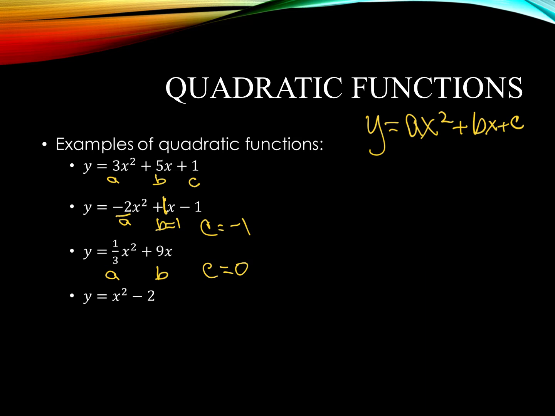And for the last part here, you can see that your a value is going to equal 1 because that's really 1x squared. You do not have a b value, or if you wanted to, you could say that b is equal to 0. And c here is going to be -2. But if you notice, all of these functions have an x squared term. That's what makes them quadratic.